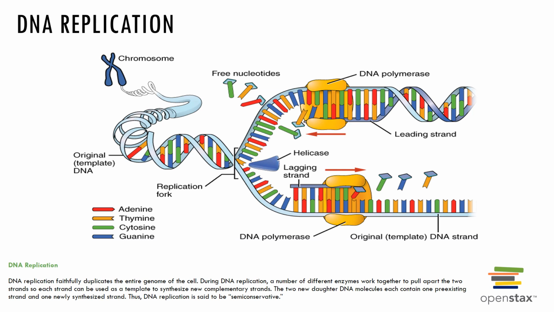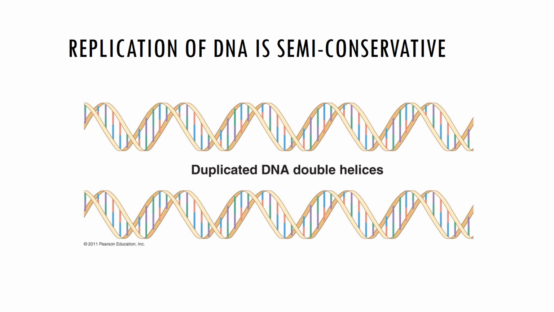The lagging strand is synthesized in short segments, and then DNA ligase binds them together later on. And it is semi-conservative because each original strand served as a template for the new strand to be replicated from.